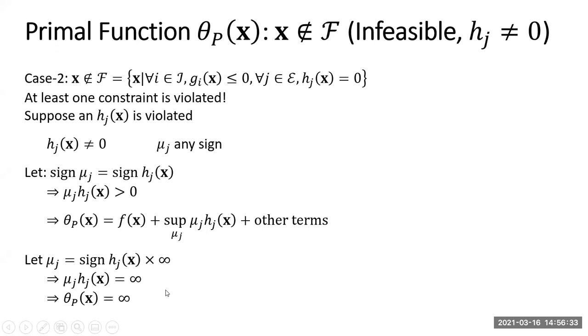So this is the other part of case 2, where an equality constraint is being violated. So we just showed that in the infeasible region, theta p of x is equal to infinity. We can maximize with respect to mu's and lambdas in such a manner that theta p of x hits infinity. But we cannot do that in the feasible region. So we just proved this.